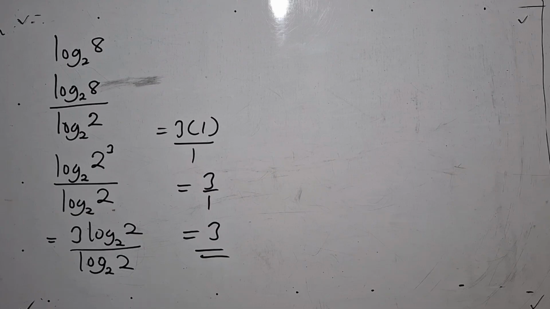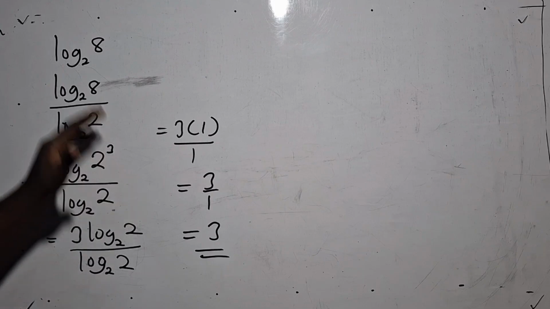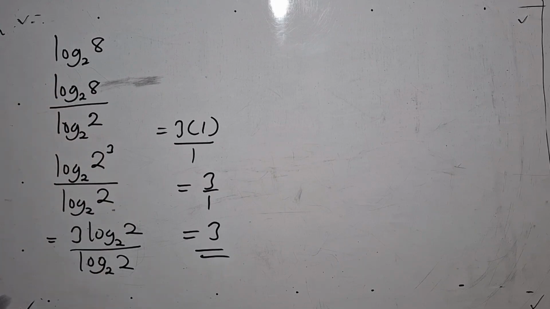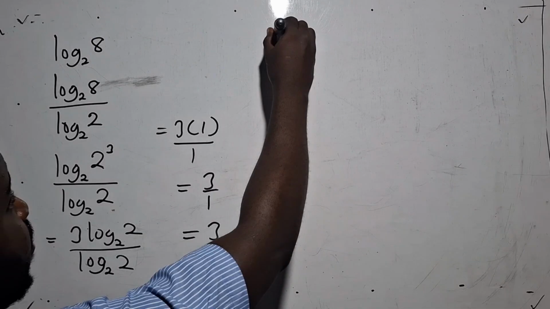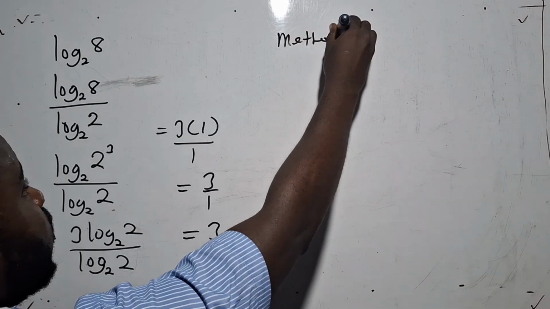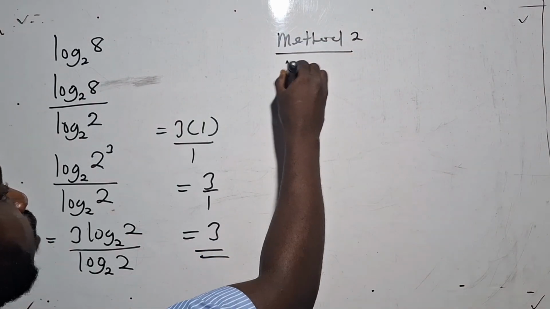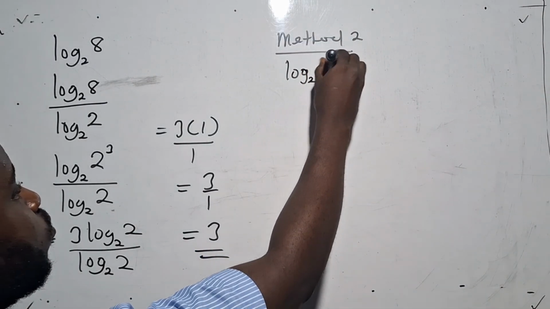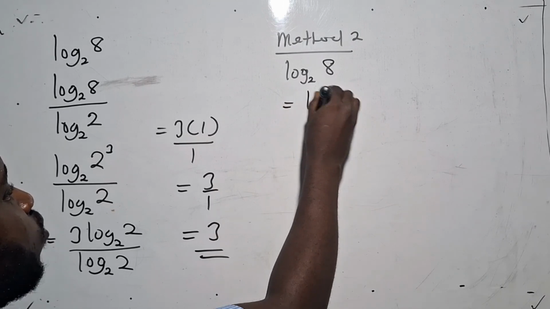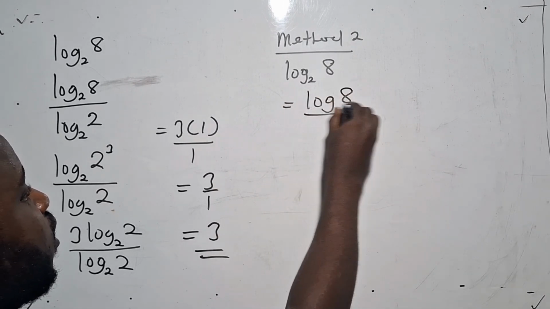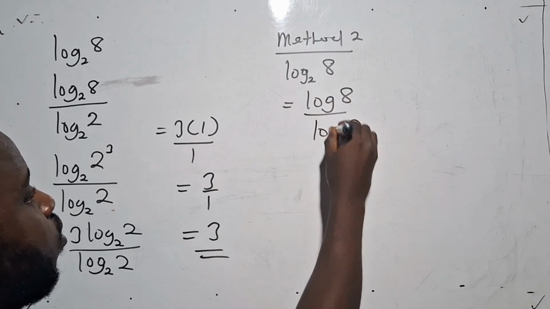Why are we saying change of base? We change the base to get a common log so that we can solve. In method 2, the same principle: if you have log 2 base 8, it is going to give us log 8 all over log 2.